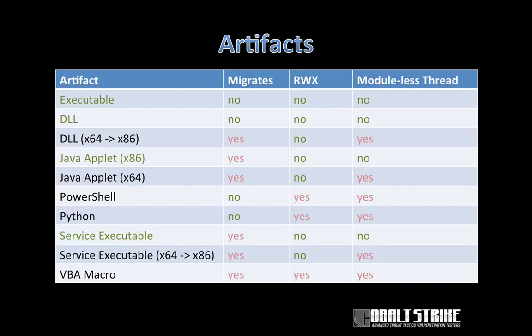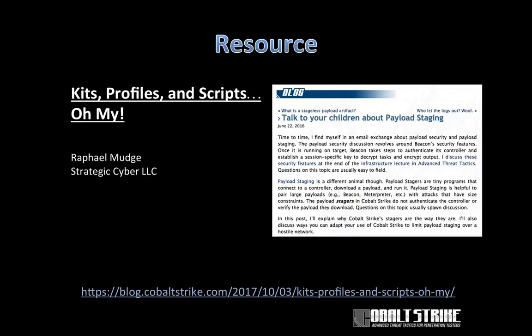What's that good news? Well, you control everything in that previous chart. Cobalt Strike has a variety of kits, profiles, and scripts, a variety of ways you can customize the tool set. The Java applet and its indicators are in your control via something called the applet kit.